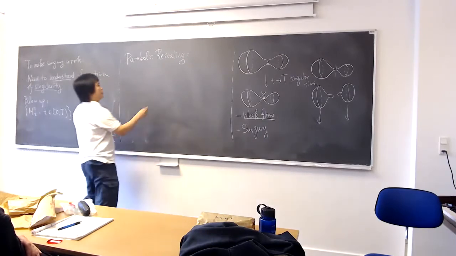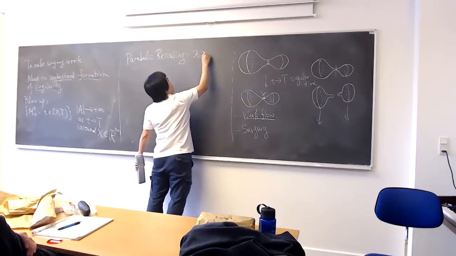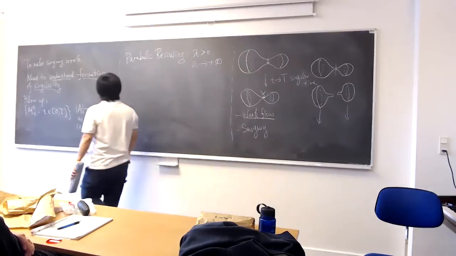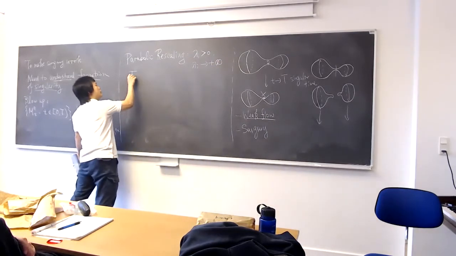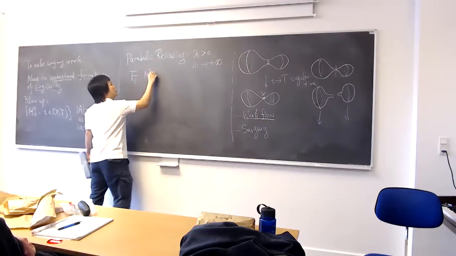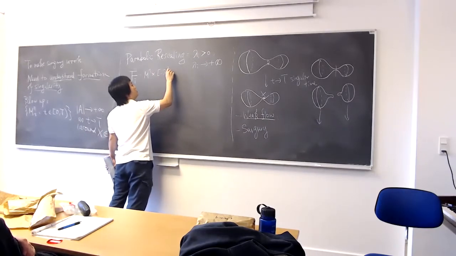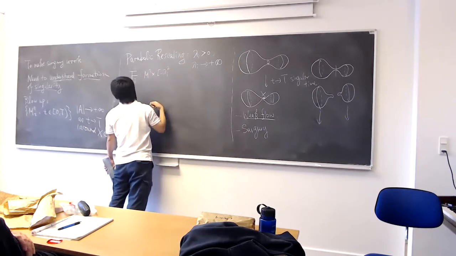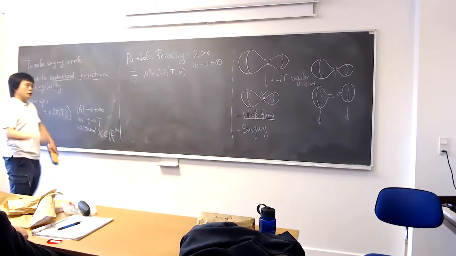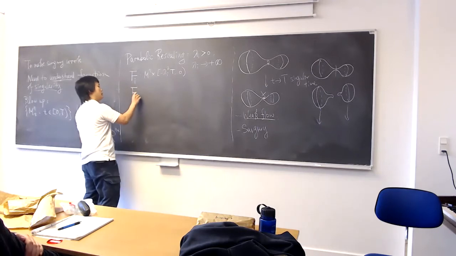So I will have a sequence of scaling parameters which goes to positive infinity, and we define a sequence of mean curvature flows. So we do a space-time translation and parabolic scaling.